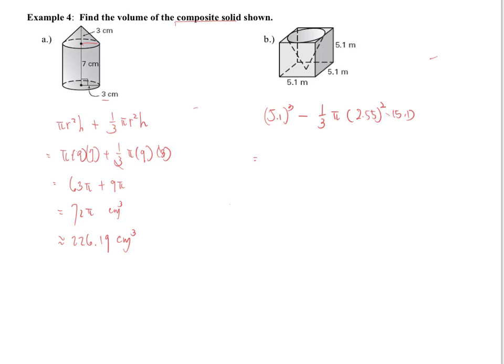And by using your calculator, you should get 132.651 minus 34.73, and this should be about 97.92 cubic meters.